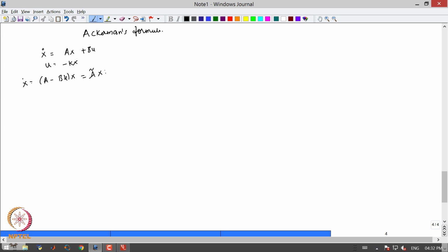Now, what is the characteristic equation of the closed loop system? It is the determinant of SI minus A plus Bk, which is SI minus A tilde, and that will be again (S minus mu 1) through (S minus mu n). So all these closed loop poles are given to me, and I can expand this and write it in terms of the coefficients of the polynomial in S.